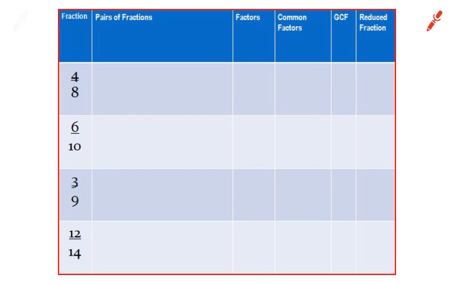Pairs of factors for 4, Ashley. What are our pairs of factors for 4? 1 times 4 and 2 times 2. Good. Bella, what are our pairs of factors for 8? 1 times 8 and 2 times 4.